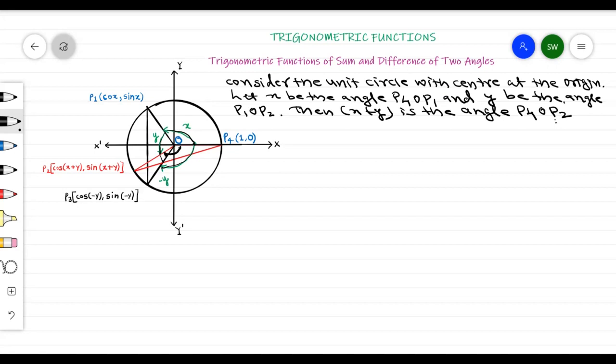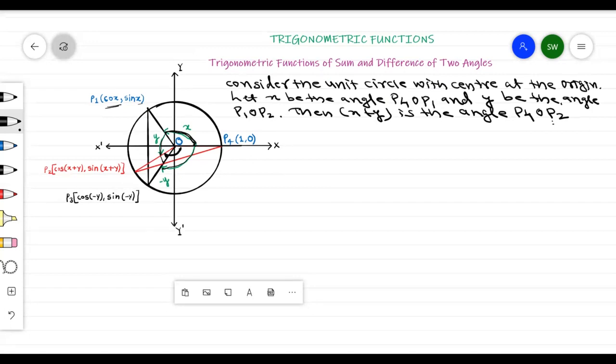Therefore, see here, this is of x radian. So the coordinates of this P1 will be cos x, sin x. The first value gives cos x and the second coordinate gives the value of sin x. This is x, this is y. So for P2, up to OP2 the angle is x plus y, so this is cos of x plus y and sin of x plus y.